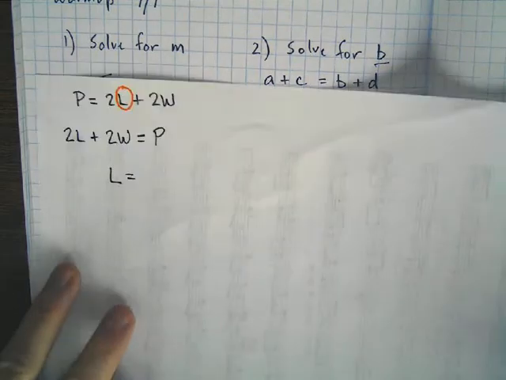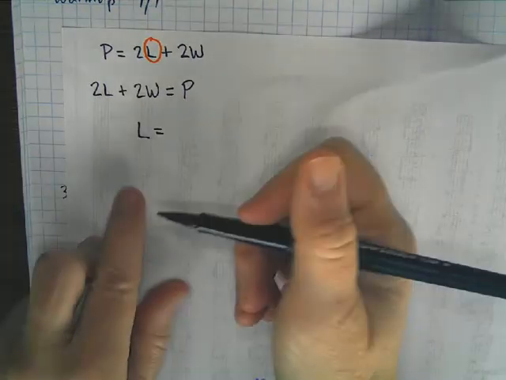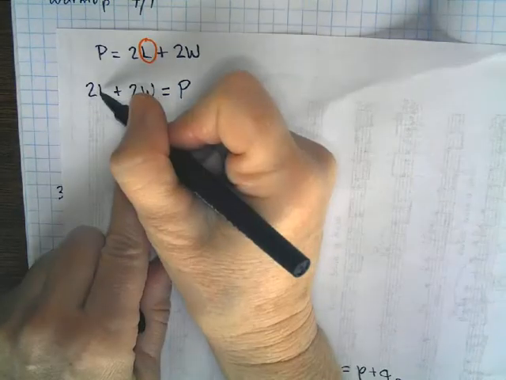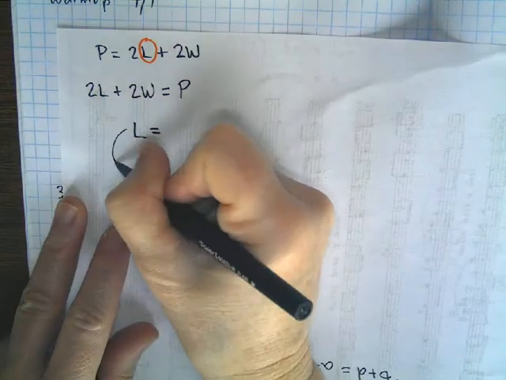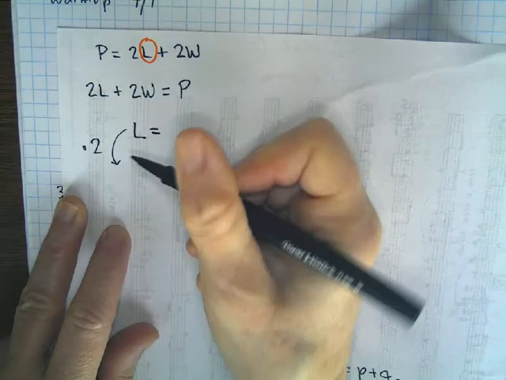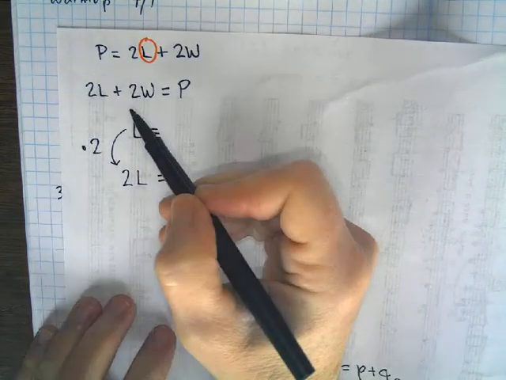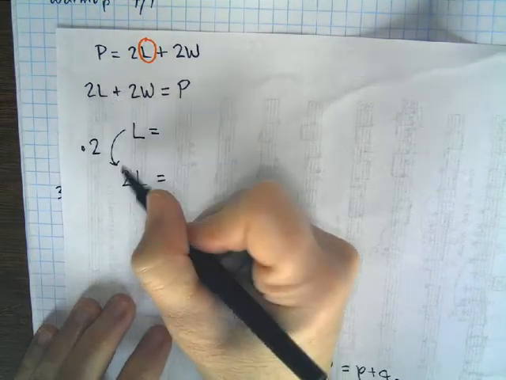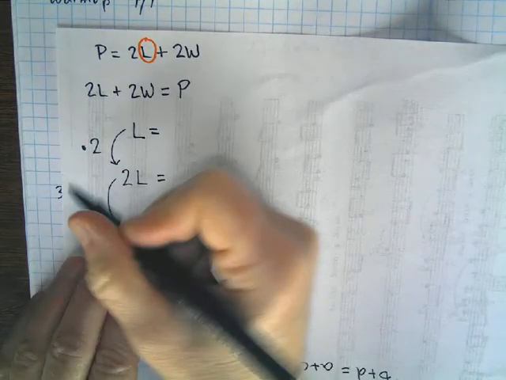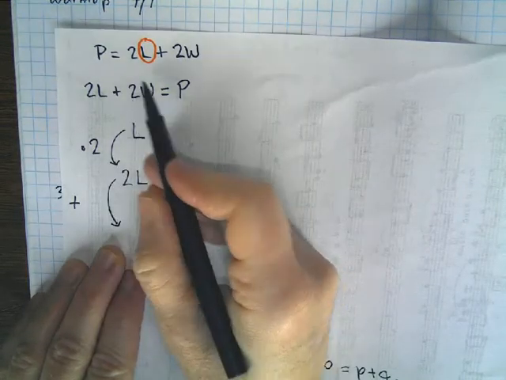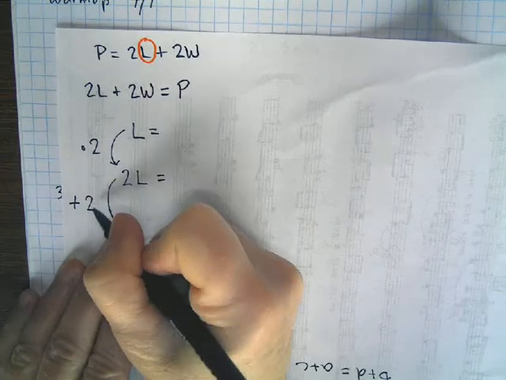So this needs to end up saying L equals. Okay, move this up so we can see it better. Okay, so what's happening to the L? It's being times by 2. I see it's being times by 2. That gets me the 2L. And then what's happening to it? It's being added. And now this is a little funny. It's being added by this whole thing. It's being added by 2W.